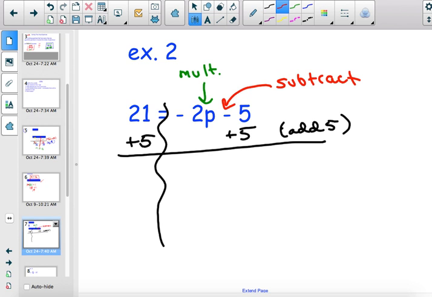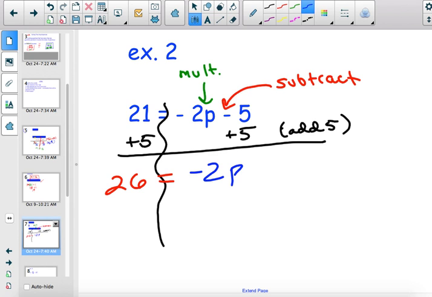All right. 21 plus 5 is going to be 26 equals. What do I bring down? This is tricky. This zeroed out. Negative 2p. Yes, so you want to bring down negative 2p. Now we have to unpack multiply.